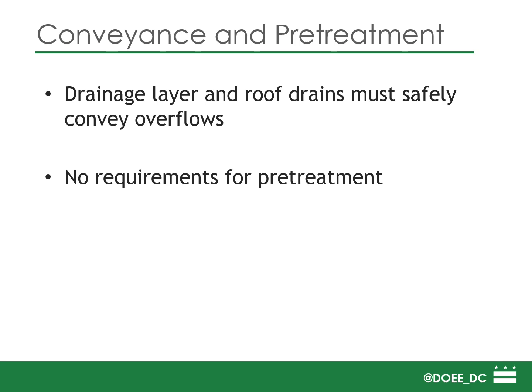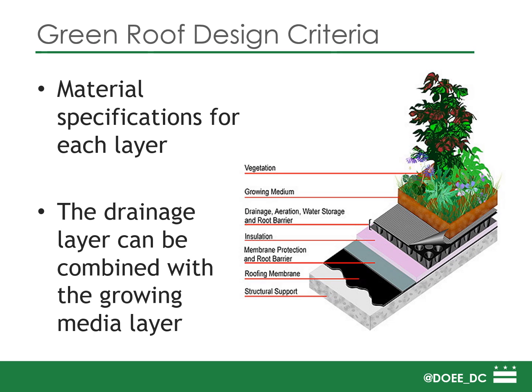So you'll have to show a detail of the roof drain and how it's going to interact with the green roof. There aren't any requirements for pretreatment because it's receiving runoff from rooftops, which are generally relatively clean compared to other surfaces that stormwater BMPs treat.